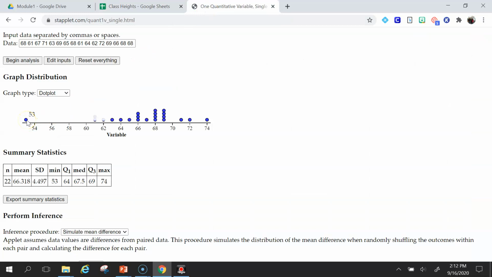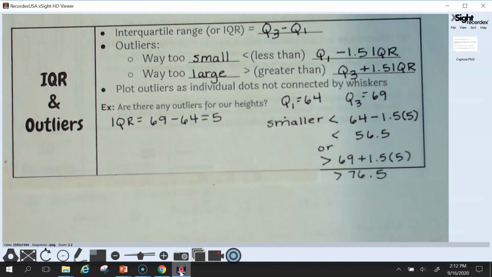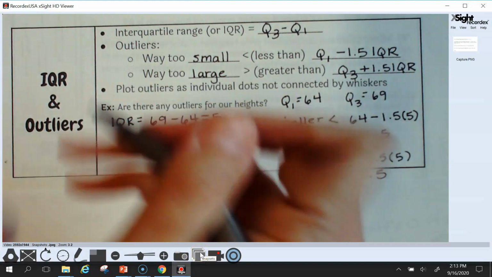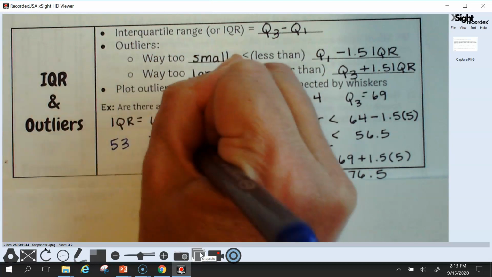Stapplet lets you see the integer scores, but if you don't have Stapplet, you can skim your data or sort it. 53 is on the low side. 74 was my maximum value, so I don't think I have anything on the high side. So in this particular case, 53 is a potential outlier.